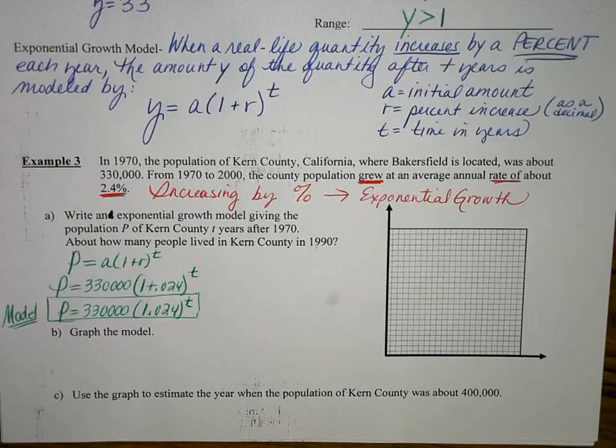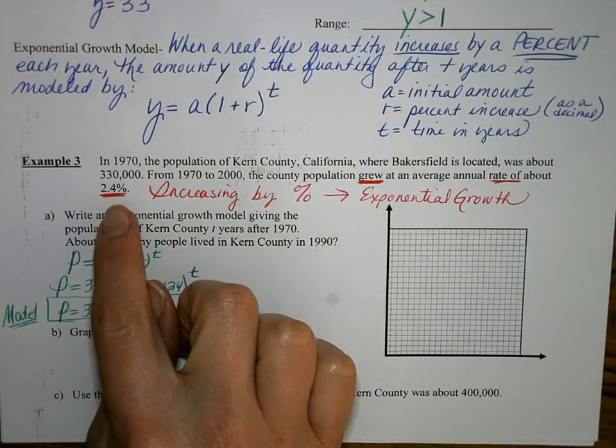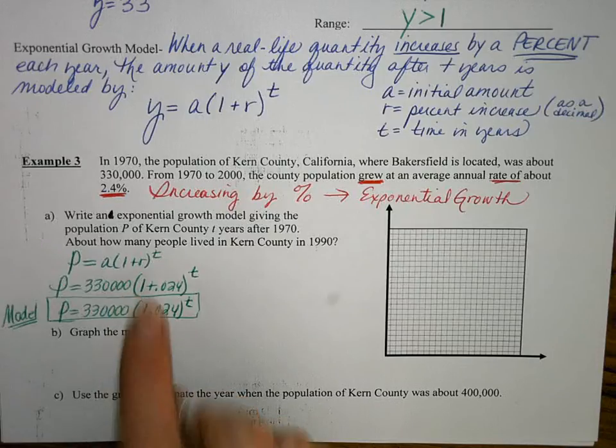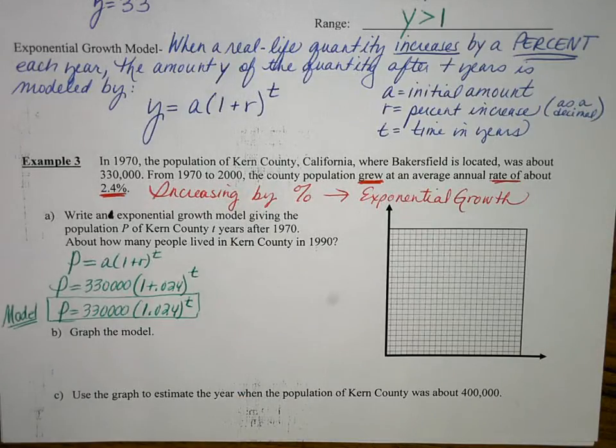So when I increase it, if it goes up by 2.4%, next year I'm going to have 102.4% of what I have this year, right? So I always have to add 1 to include what I had the year before. Does that make sense? It's a little difficult to explain. Is that okay? All right.